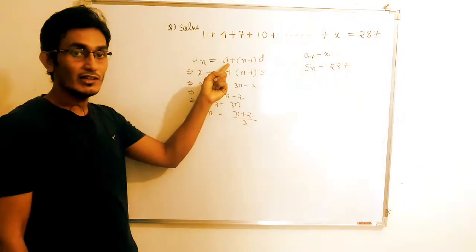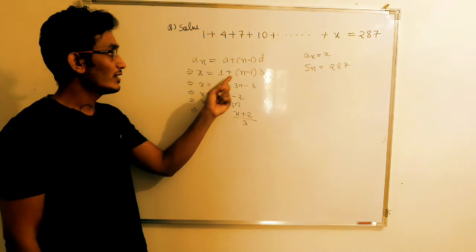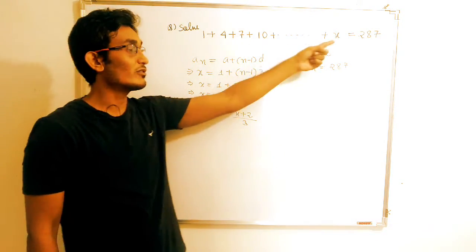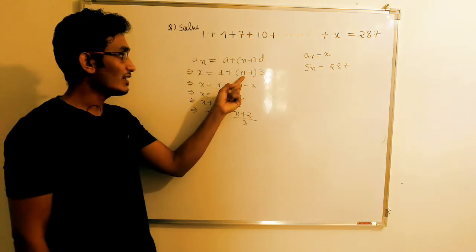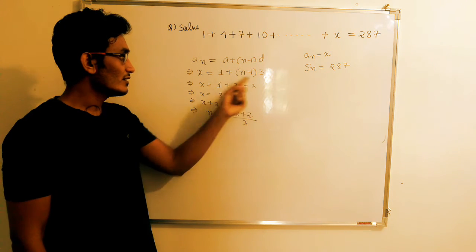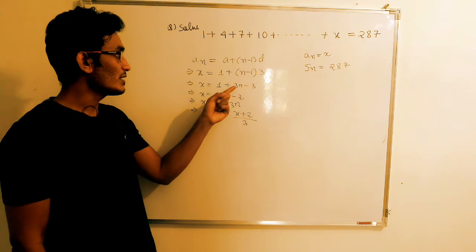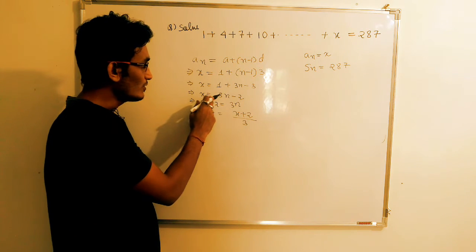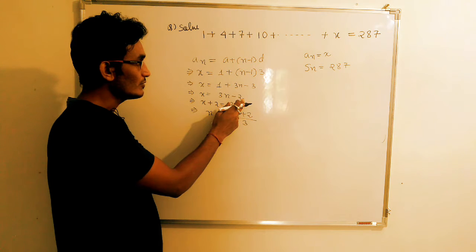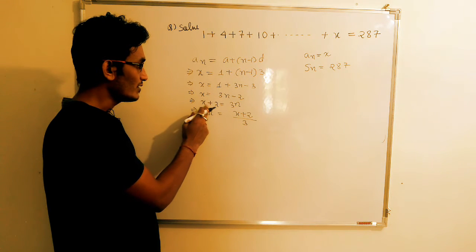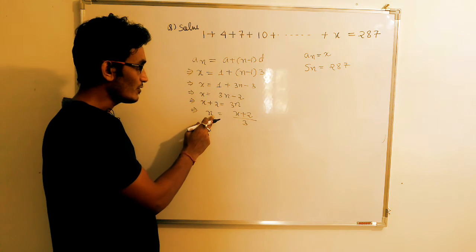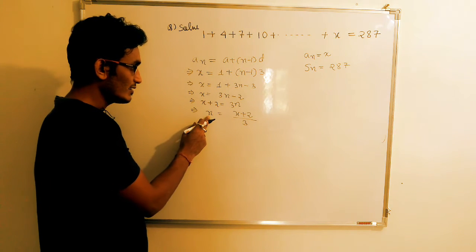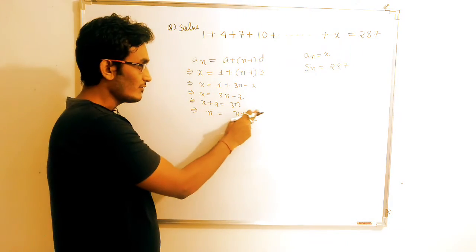Putting the values, a, the first term, is 1, and n remains n because the total number of terms is not given in the question. d is the common difference. After simplification, x equals 1 plus 3n minus 3, which is 3n minus 2. So x plus 2 equals 3n, and n equals x plus 2 by 3. That means we have written n in terms of x. So this is one of the equations.